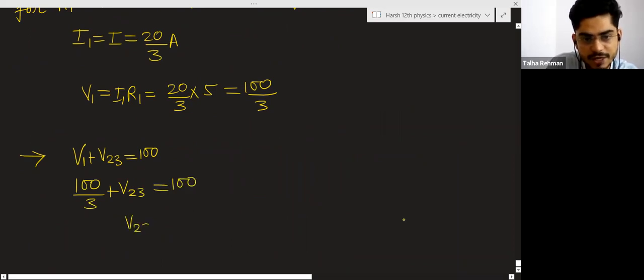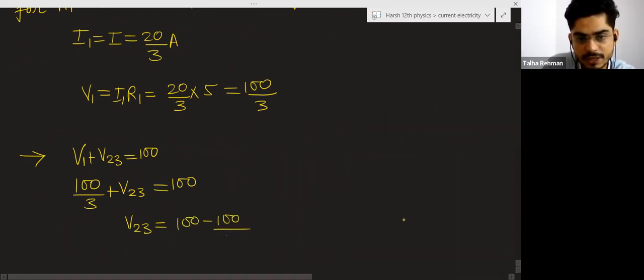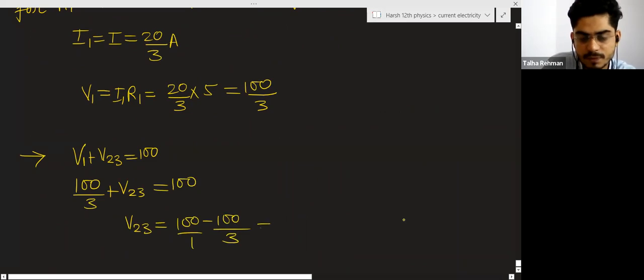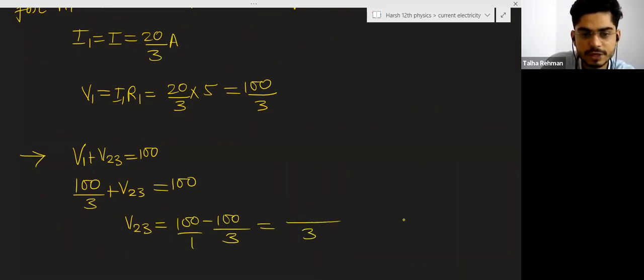So we can find from here 100 minus 100 by 3, take the LCM 3, you will get 300 minus 100. You will get this as 200 divided by 3.